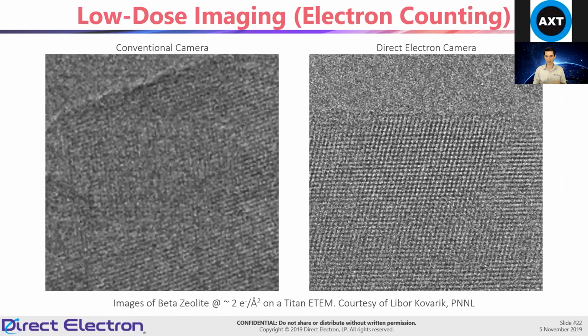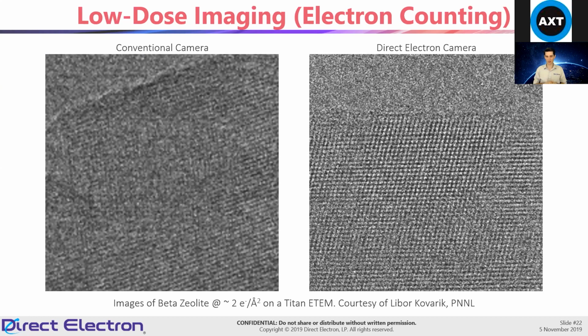So to give you an idea, this is actually a material science slide, but I think it represents pretty well how important electron counting is. On the left-hand side, we've got a conventional, fiber-coupled CMOS. On the right-hand side, we have one of our DE cameras. And both of these images are of zeolite. This is sort of like the material you might find in your cold holder.